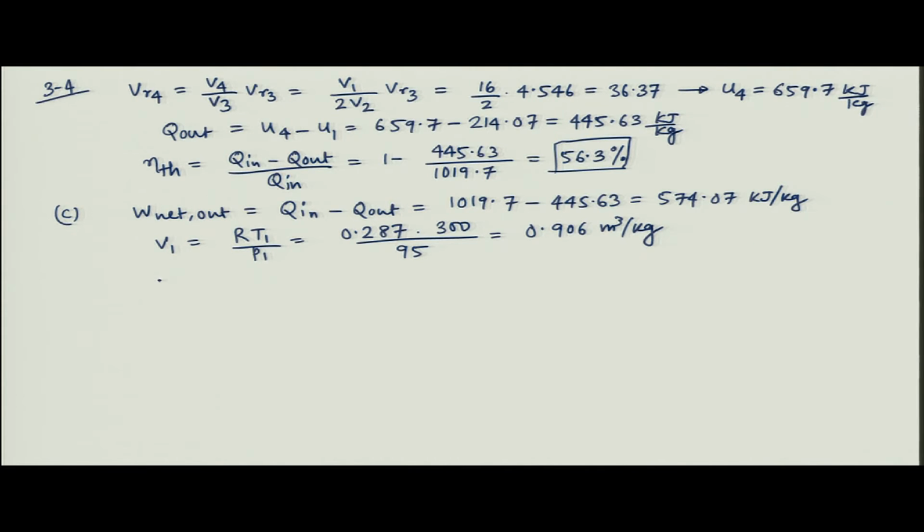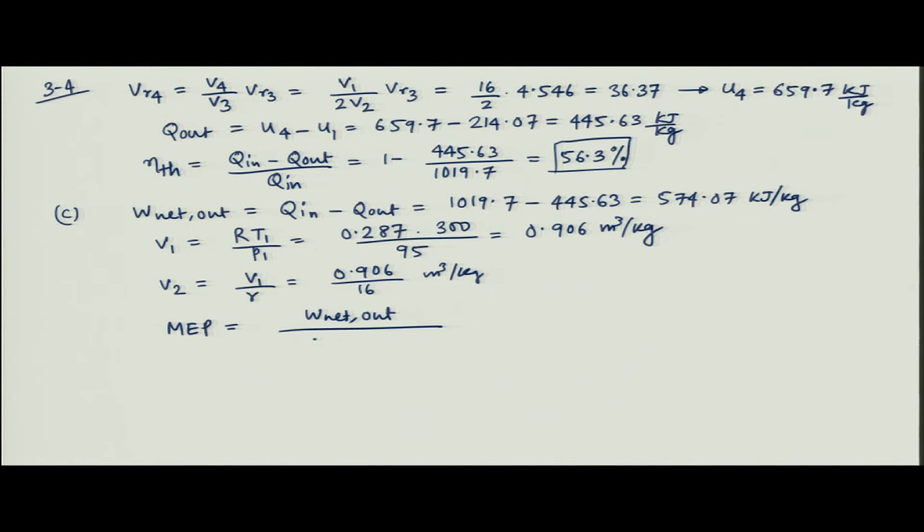Now, what is the minimum volume? That is basically V2. V2 is V1 upon r, and r is the compression ratio, which is 16. So, 0.906 divided by 16, this much meter cube per kg. Now, we can find the mean effective pressure. The mean effective pressure is the net work output of the cycle divided by V1 minus V2.